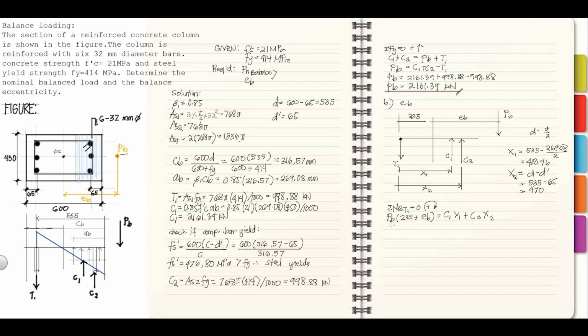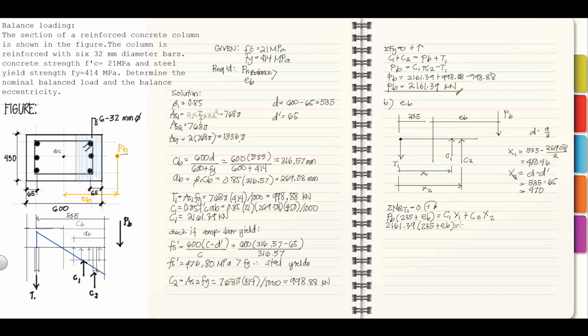Tama ba? So ang PB natin dito, class, is 2161.39 times 235 plus EB is equal to C1.